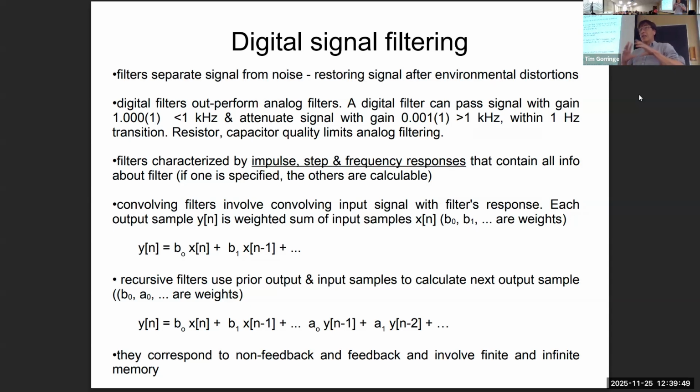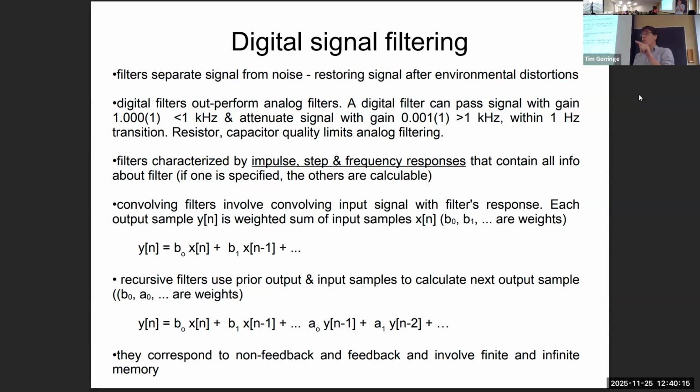In the digital domain, I'll just give you one example. You can digitally build a filter, i.e. develop a digital algorithm for a filter that will pass all frequencies up to, say, 1 kilohertz with a gain of 1.